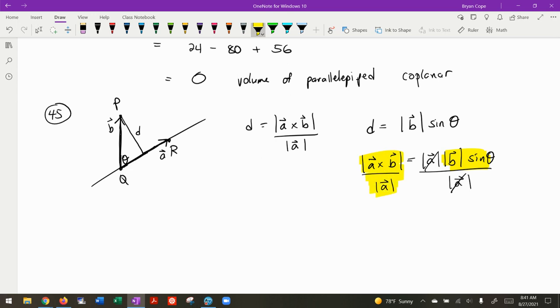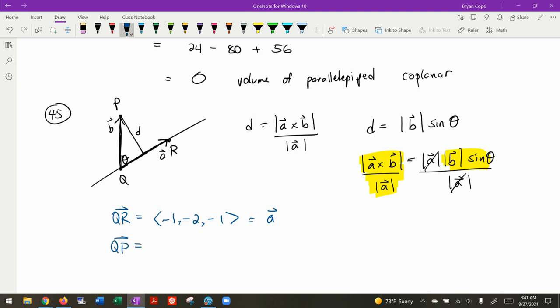So part B says use the formula in part A to find the distance from the point P to the line. Okay, so all we have to do is figure out what QR is. QR is -1, -2, -1, and that is vector A. And then QP is our other vector.